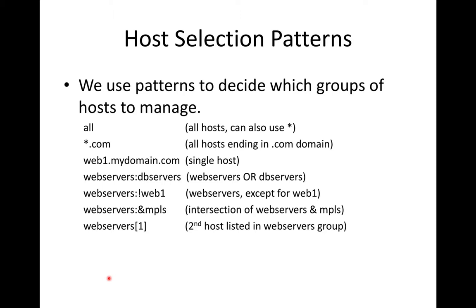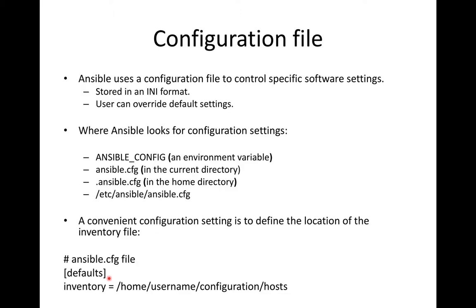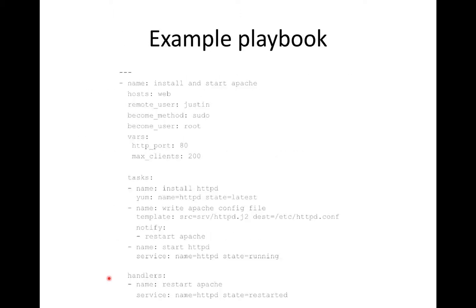Now, when Ansible is applying configuration to systems, it looks in the inventory file to figure out which systems it should apply a particular configuration to. If I go back to this example playbook, you'll see that it is running a play against the web group in our inventory file.